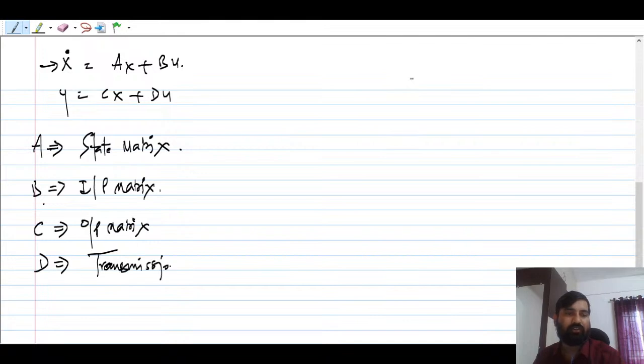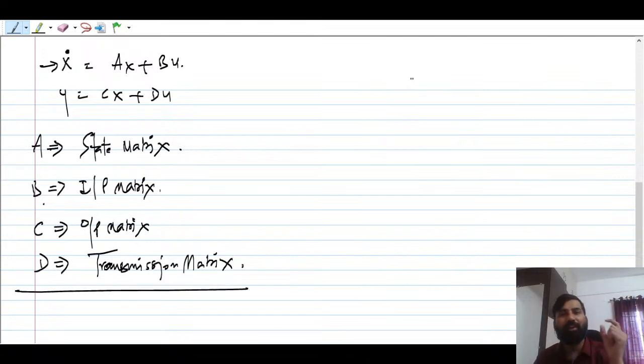Understood. So what you have to keep in mind is the standard form of the state model: the differentiation of the state vector is equal to Ax plus Bu, and y equal to Cx plus Du, right? And these matrices are the state matrix, input matrix, output matrix, and transmission matrix.